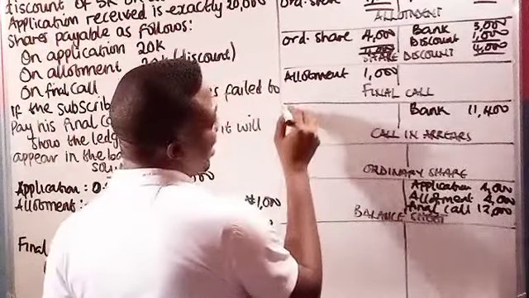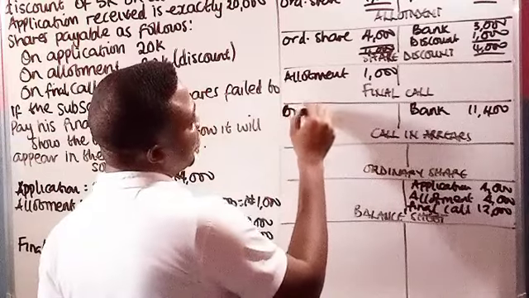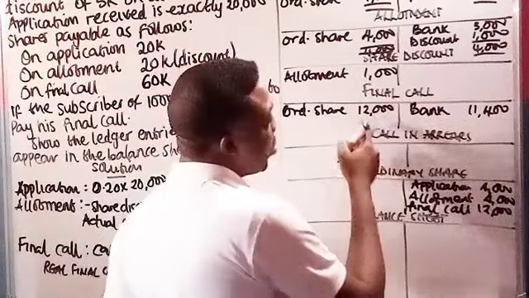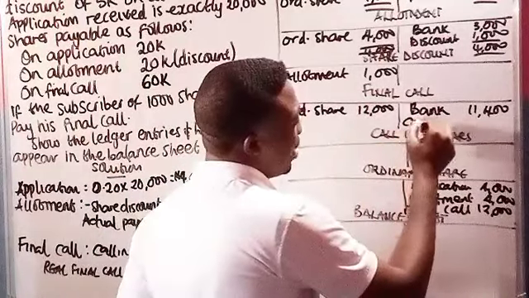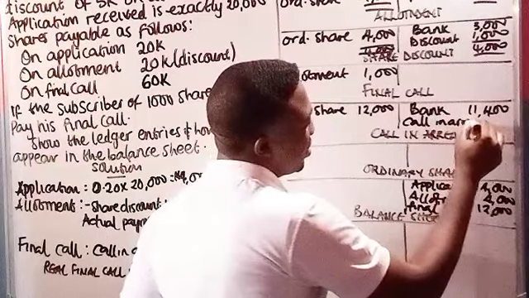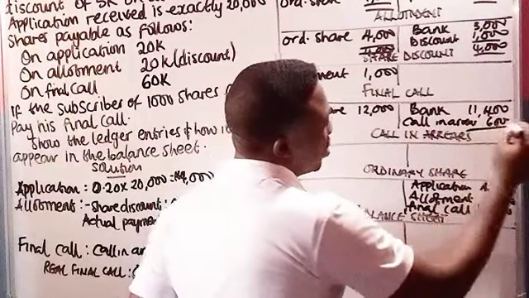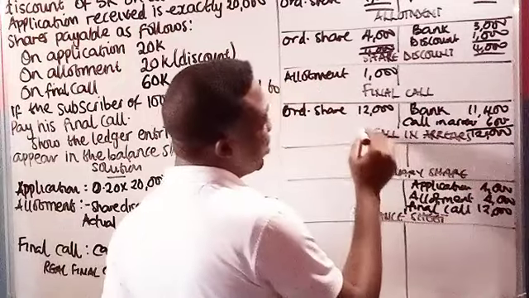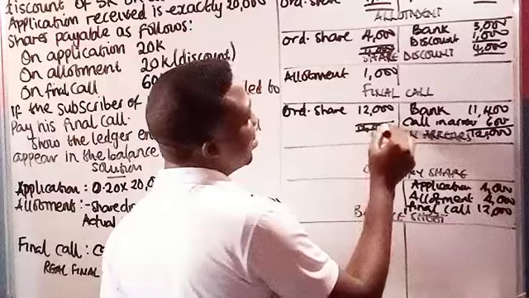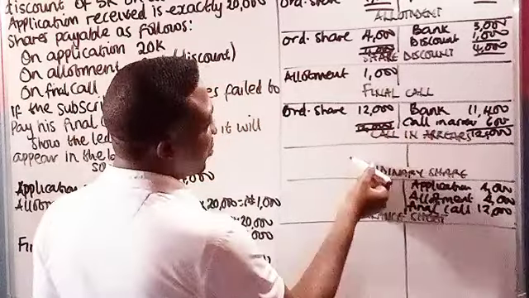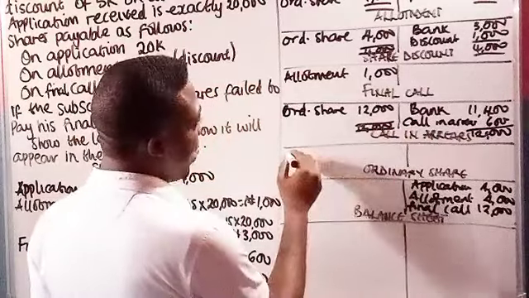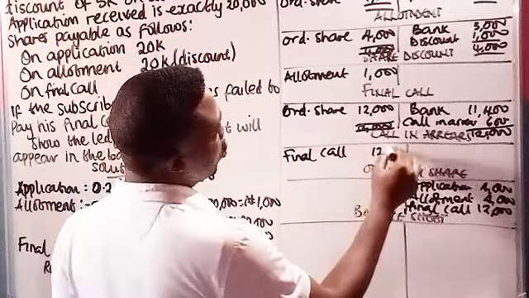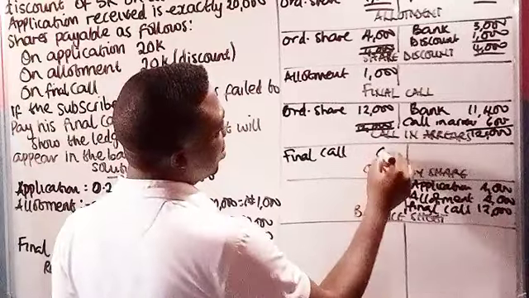So it will be allotted here, ordinary share 12,000. So 12,000 minus this, the corresponding entry is the call in arrears, which is 600. So 11,400 plus 600 will give us 12,000. So call in arrears, corresponding entry comes here, which is a debit. So we'll now have here a final call, 600.